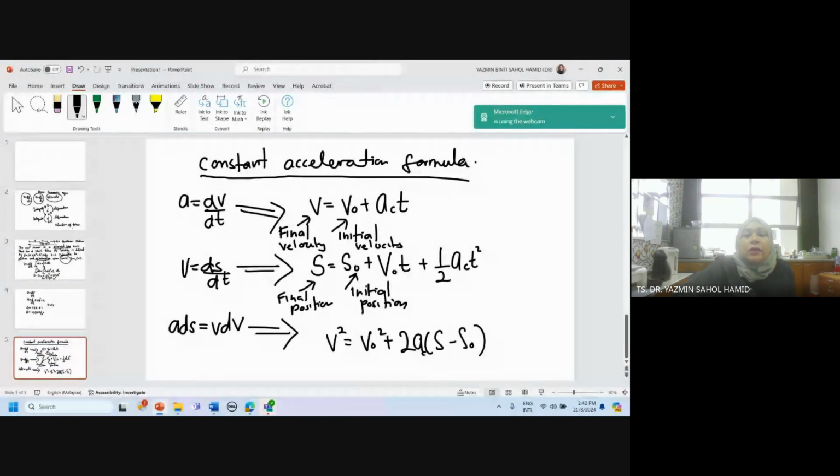So this is the third formula. Okay, so these are the formulas for constant acceleration. This will be one formula, this one will be another formula, and this one the last formula. Okay, six important formulas today.